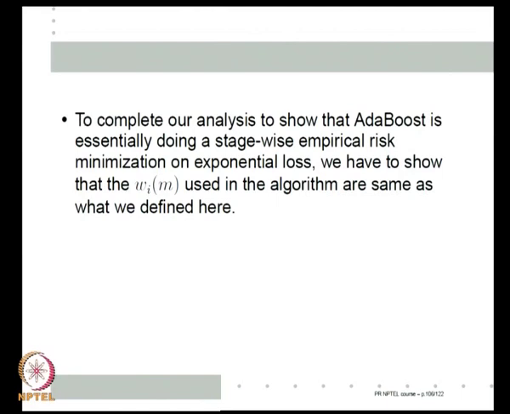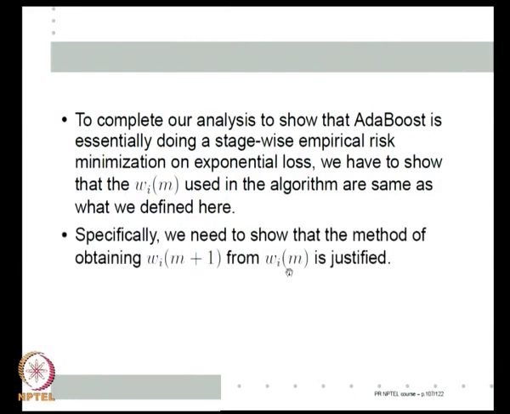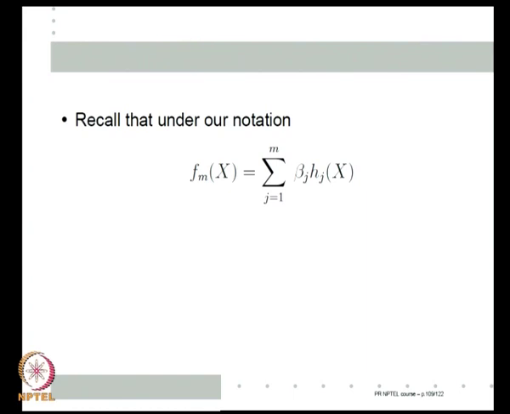So, to complete our analysis, we have to show that the w_i^m are actually the weights used in the algorithm there. Anyway, at the first stage F_0 is arbitrary, and because we want to keep weights normalized, it will be 1 by n. So, we only have to show that w_i^(m+1) to w_i^m is what the algorithm gives. This is what we do next.